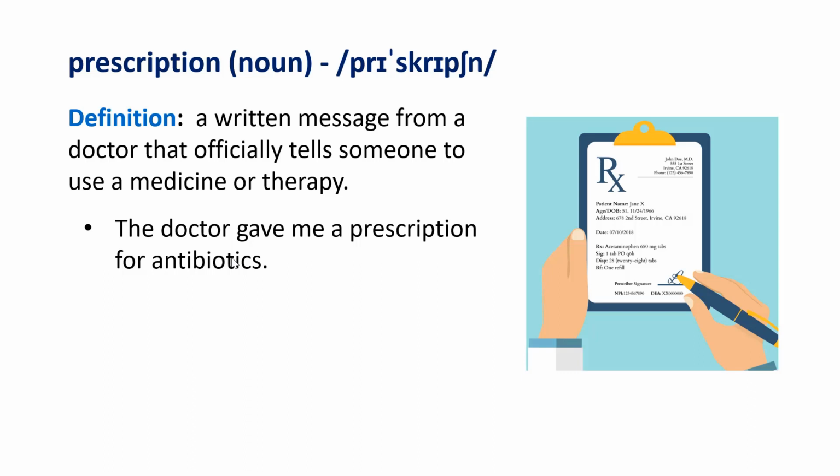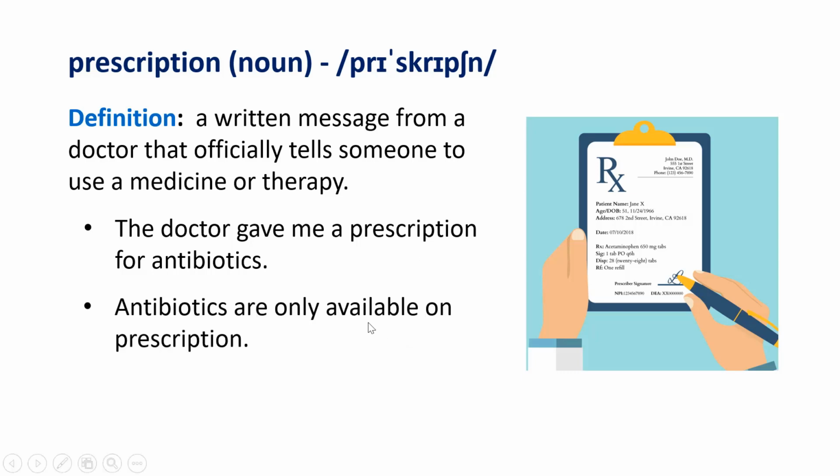It is one antibiotic. If you take this kind of medicine, it will hinder the development of or kill microorganisms which cause your disease. And we have the second example of how we use the word prescription.